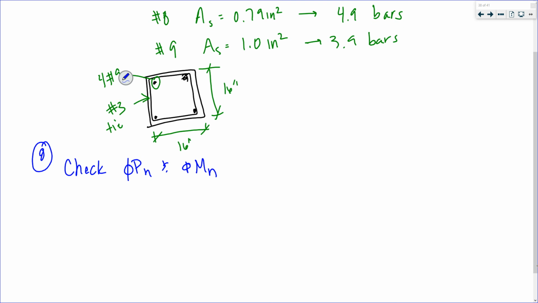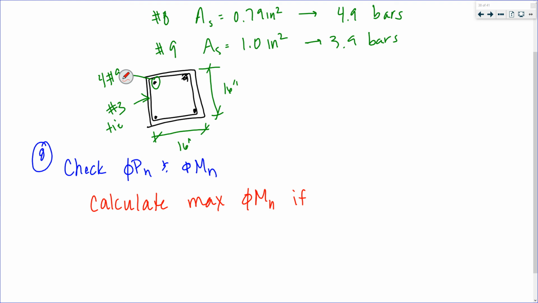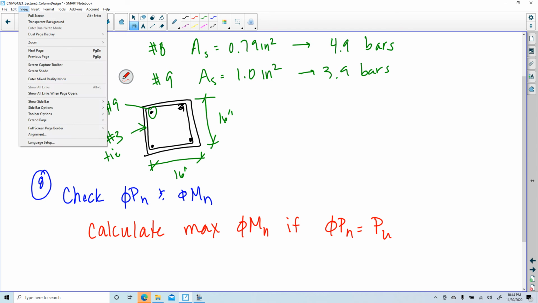So what we want to do is calculate the maximum VMN if VPN is PU.